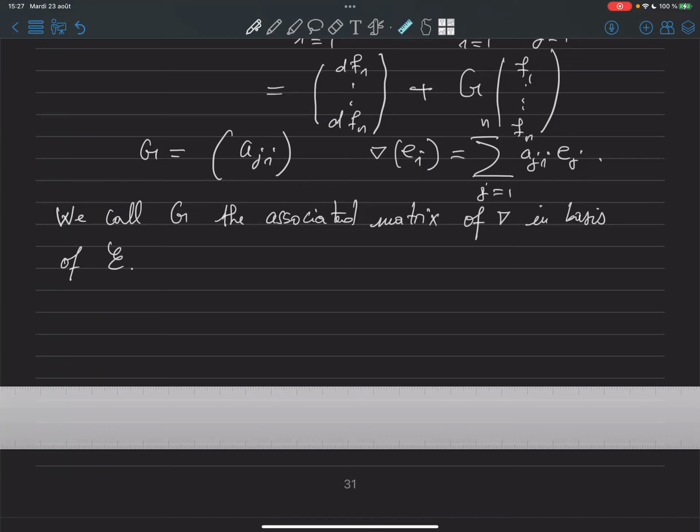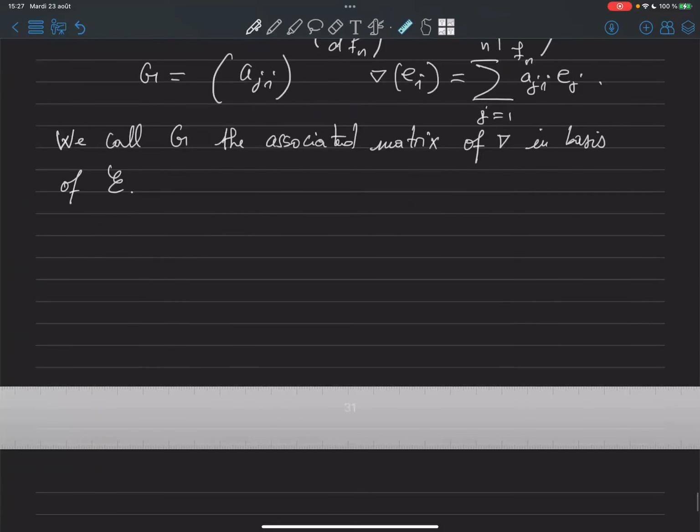Then how can we recover a differential equation, a differential system, from a differential module? Just any differential module.